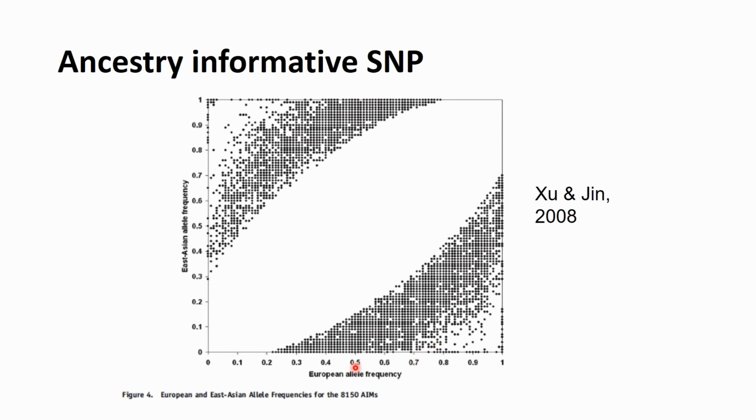Of course, there is a difference in where you want to make this cutoff point, but basically you see that there is a large number of SNPs that are really characteristic for certain populations. And if you select these SNPs and you use specifically these SNPs in your admixture analysis, you can do a very good job to determine the proportions of certain populations, even with using a really low number of SNPs.